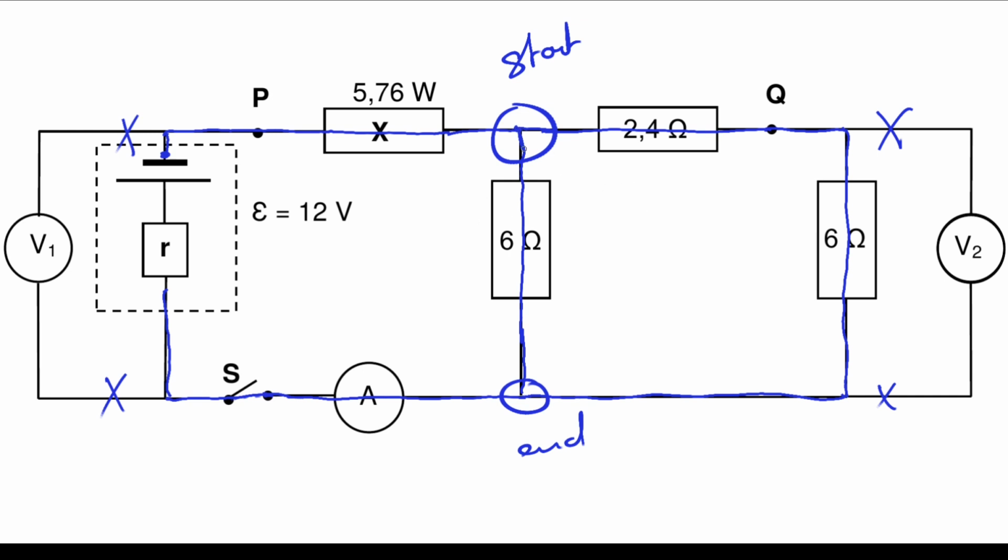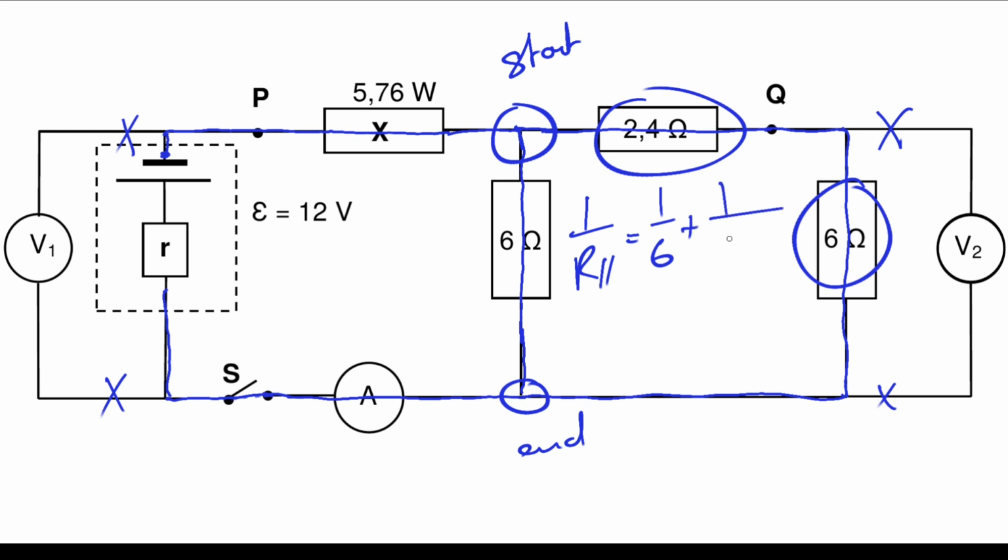Our first branch of the parallel section is 1 over R parallel equals 1 over 6 ohms. And then the second branch has this business and that business, and that gives us 1 over 2.4 plus 6. Okay, this one I will not be able to do in my head.